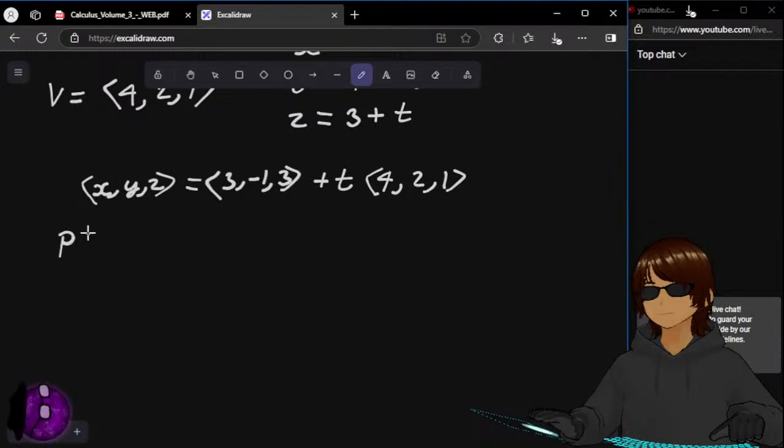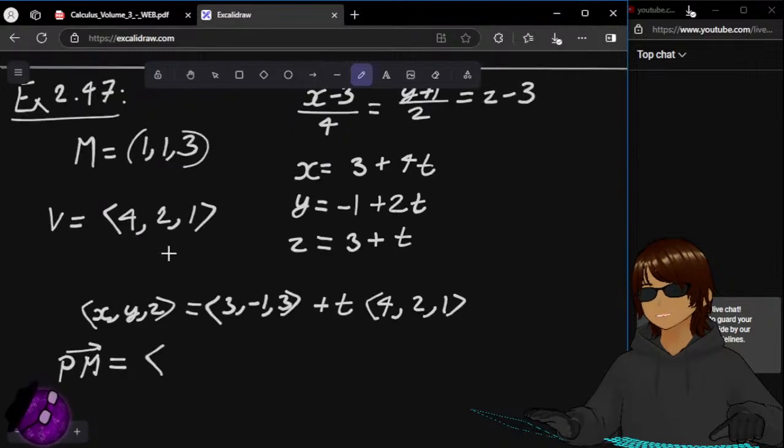So PM is 1 minus minus 3, which is 4. 1 minus minus 1, which is 2. And then 3 minus 3, which is 0.